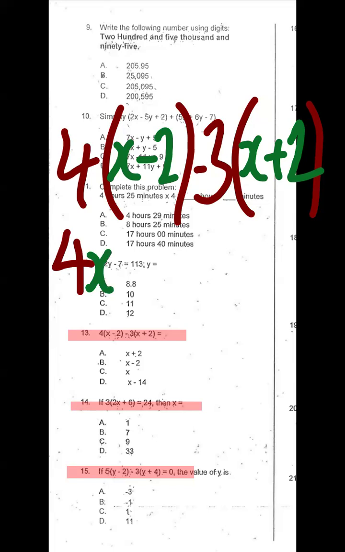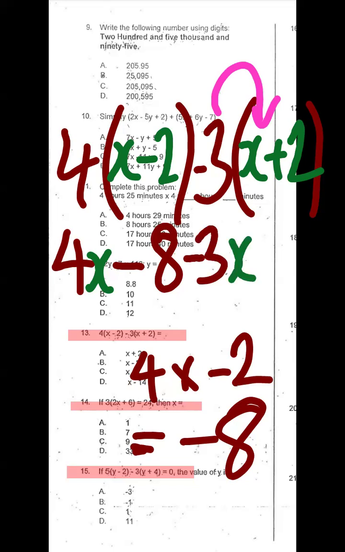And then 4 times -2, you're going to get the same number 8, but it's going to be a -8. So we'll have 8 here, and it will be a -8. So just putting that out.